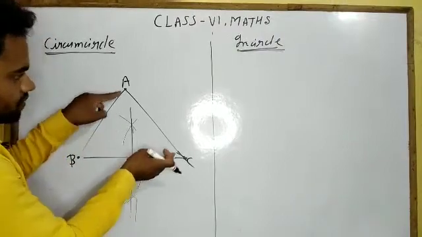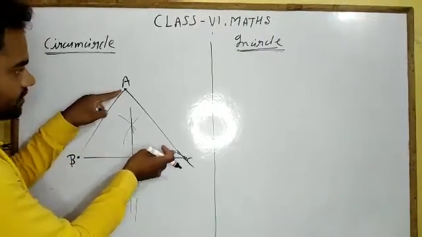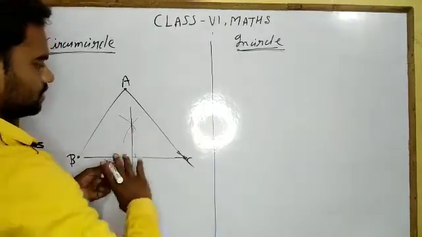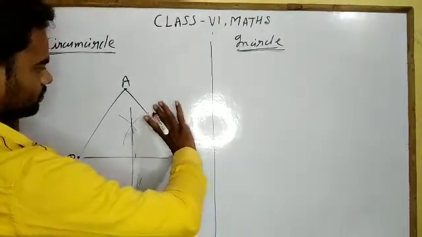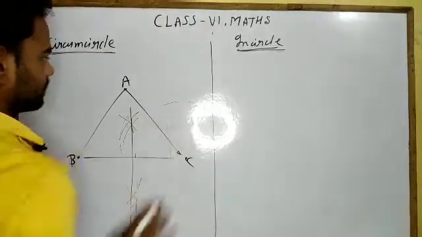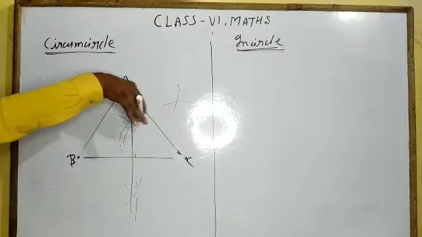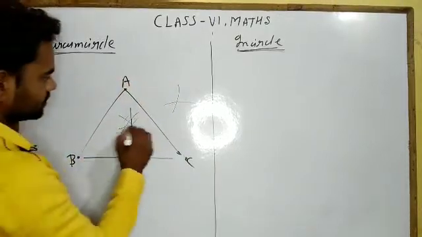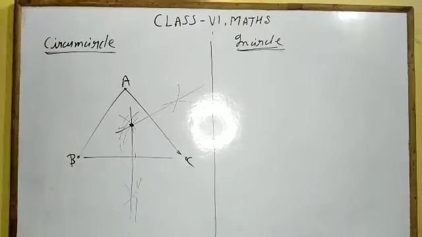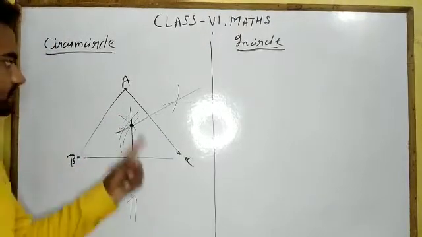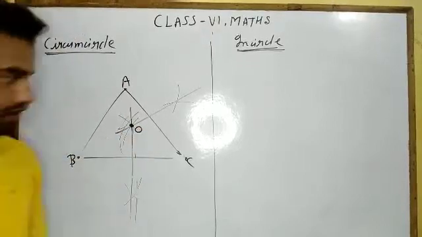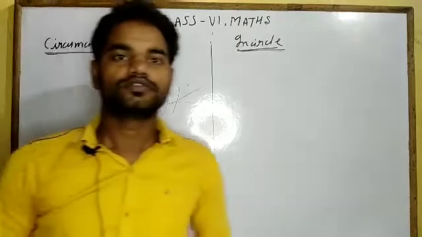Similarly, follow this process at the side AC. Take an arc of more than half. This is half, more than half. Draw an arc here, again draw an arc here. Similarly, follow here. So both the bisectors of AC and BC intersect each other at the point O. This point O is the center.